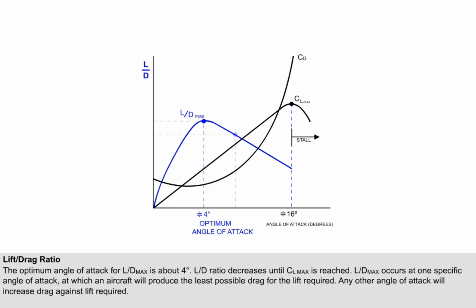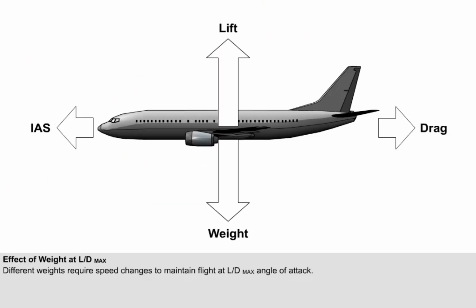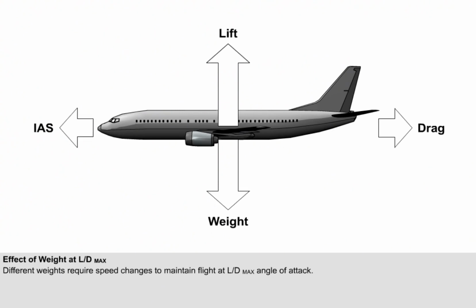Any angle of attack higher or lower than that required for LD max will reduce the lift-drag ratio, and will thus increase the drag for the required lift. If an aircraft's weight changes, it will still be possible to achieve LD max at the same angle of attack as previously, but a change in weight requires a change in IAS to support the weight at the same angle of attack.